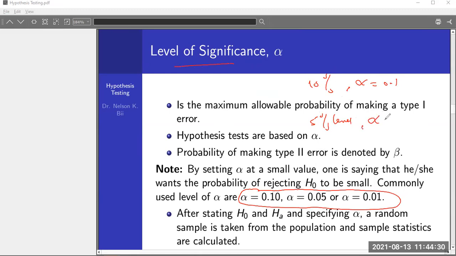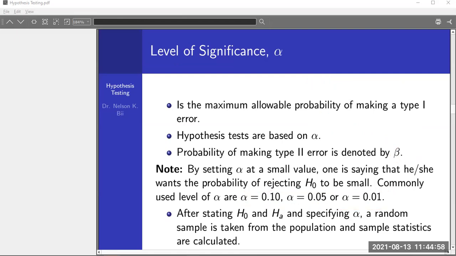So that means when alpha is 0.05, like that. These are the most commonly used levels of alpha. The probability of making type 2 error is normally denoted by beta. That's the most commonly used notation.